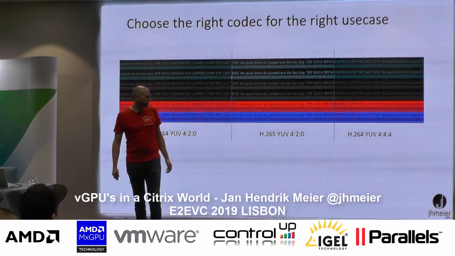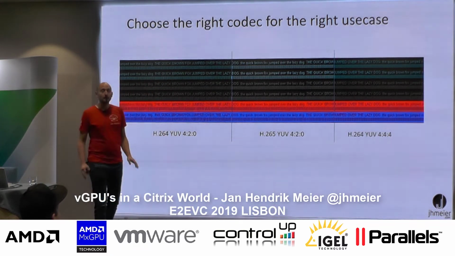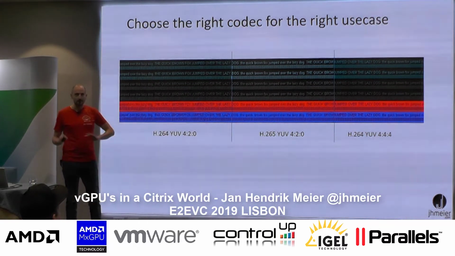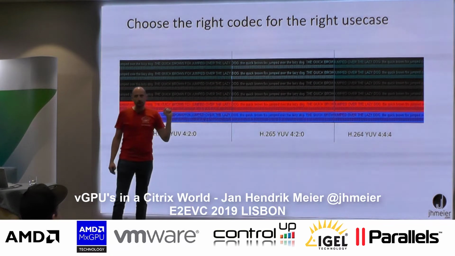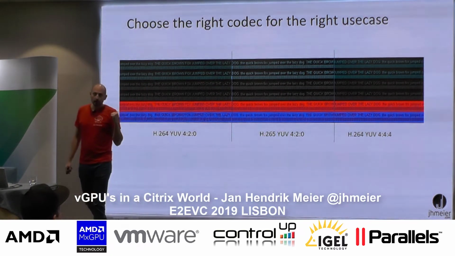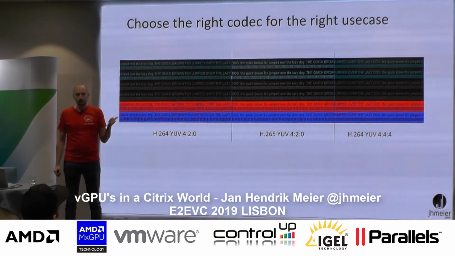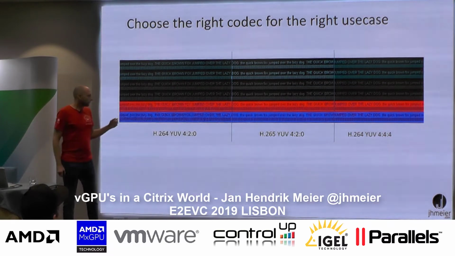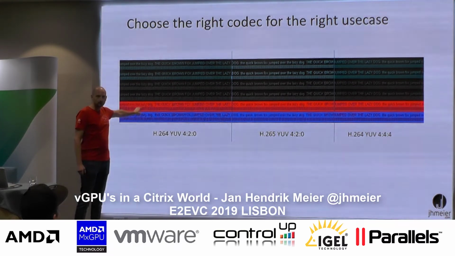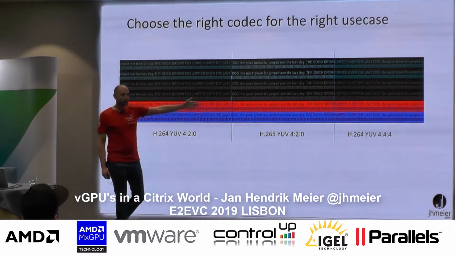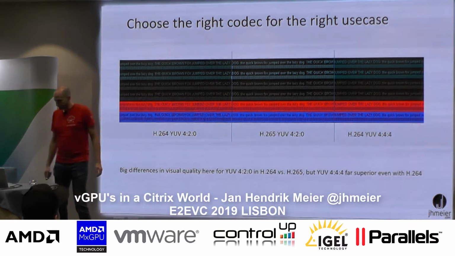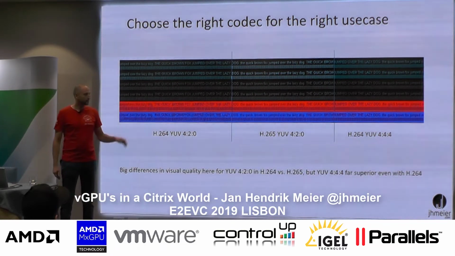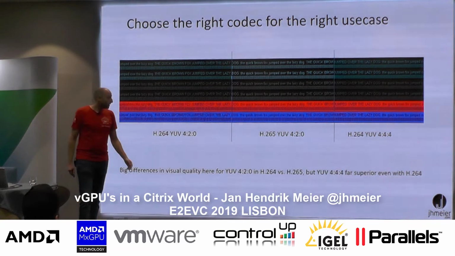But in H.264 4:4:4, full screen, which even costs more performance, so that's another topic, it's much better to read. So you really need to look at your use cases, which setting you choose to deploy to the users. Because for some users this might be fine, because they don't need this contrast, and other ones require to be able to read stuff like that. So there's a really big difference inside.